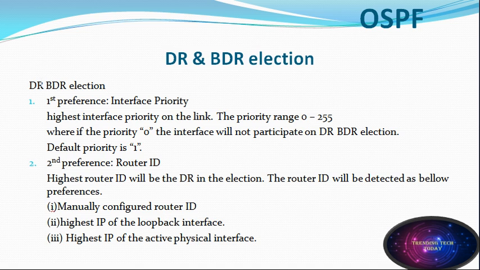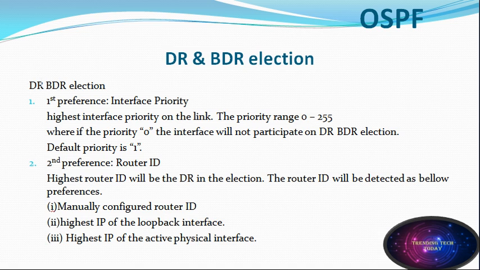If the interface priority is 0, that interface will not participate in the DR-BDR election, but by default the priority is 1. The higher the priority, the more chance to be the DR.